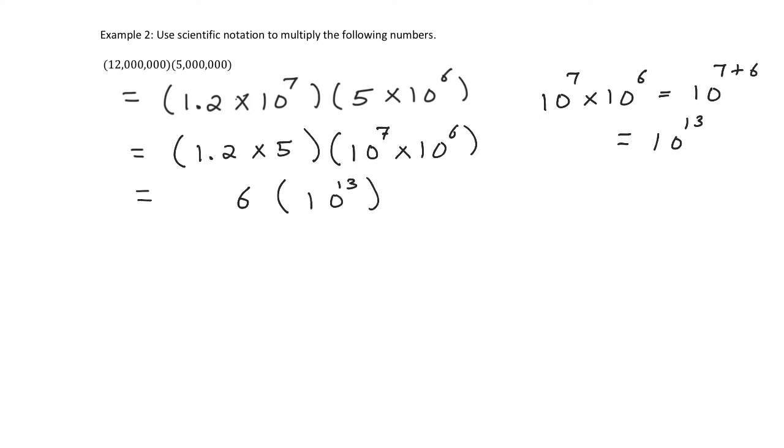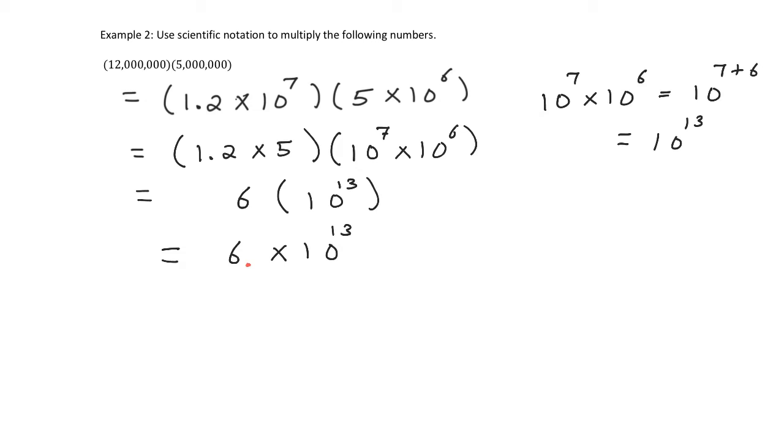So this number is 6 times 10 to the 13th, and I think I'll write it back in that standard notation, since we're multiplying these two things together. Let's write that as 6 times 10 to the power of 13. Now, we don't have to write this out in a standard way. I do know it means that we're taking that decimal that appears after 6, and it's going 13 places to the right.